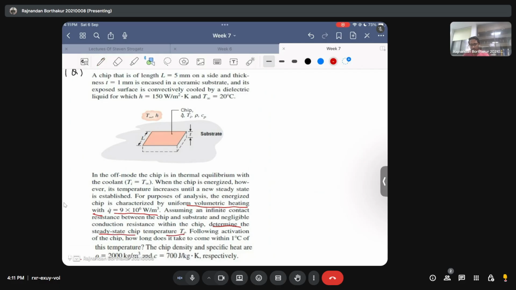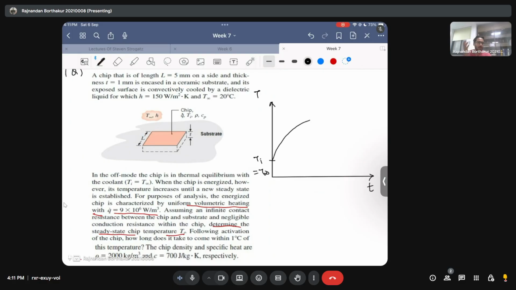So in principle, what is happening will be more clear if we draw the plot of chip temperature versus time. Initially it was at some T_i, which is equal to T infinity. Then you switch on your laptop, which means that this temperature is rising.